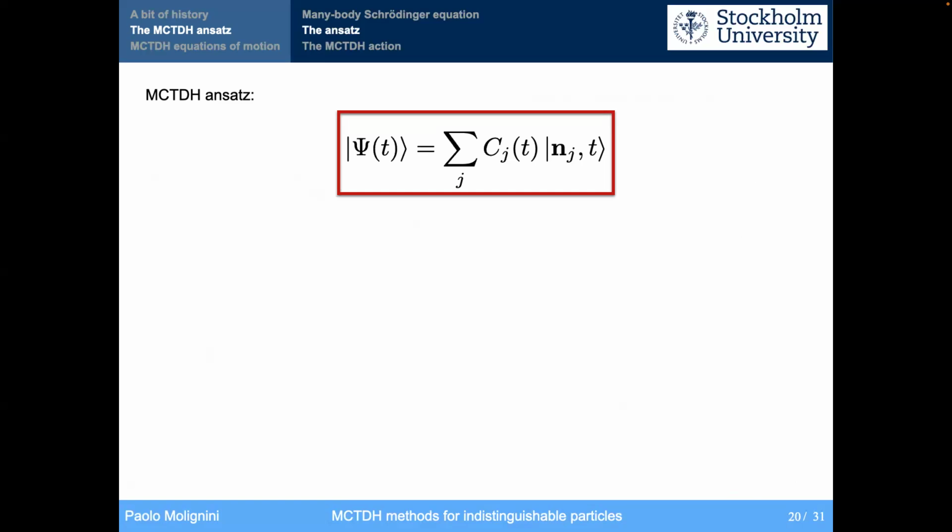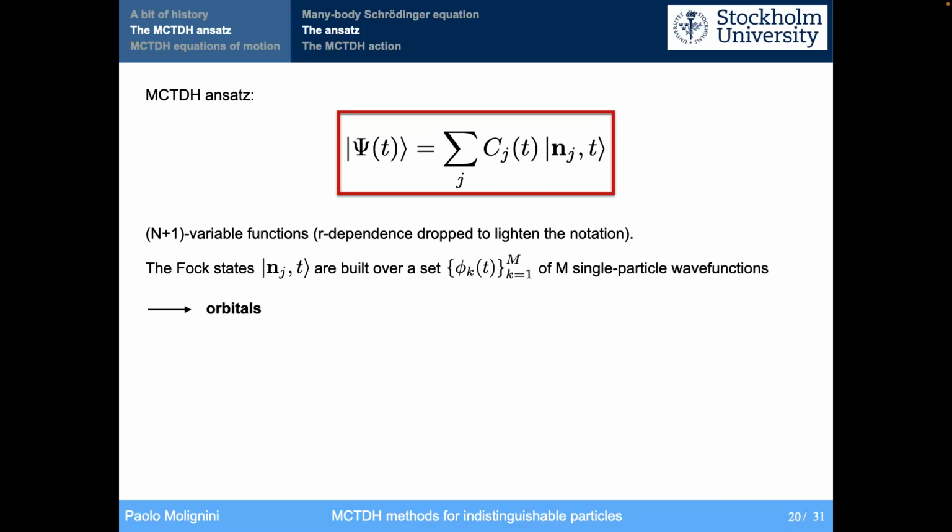So you construct your many-body state as a superposition of what we call configurations that have time-dependent coefficients. Remember that these are n+1 variable functions. We have n particles here, and of course, time is the additional variable. And these Fock states, these configurations, are built over a set of m single particle wave functions that we call orbitals, in the way that we saw before with the symmetrization of the Hartree product.